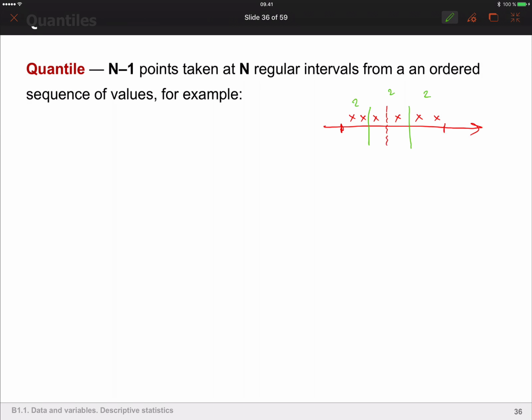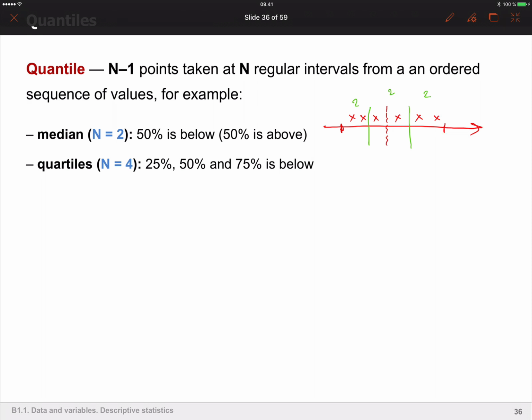So the general idea is the following. If you have some values and you would like to split them into n regular intervals, so the amount of values is the same in each interval, you need n-1 points. And these n-1 points are usually called quantiles. Depending on the number of intervals, there are some particular names for the quantiles. For example, if you split your values into 2 equal portions of 50% and 50%, it's the median. That's what we already know.